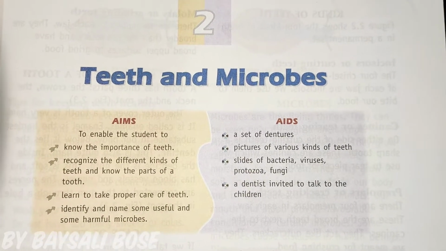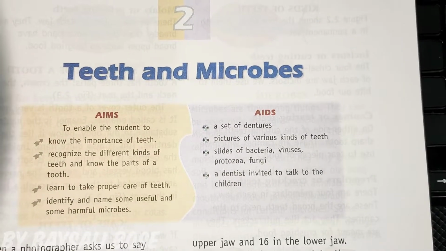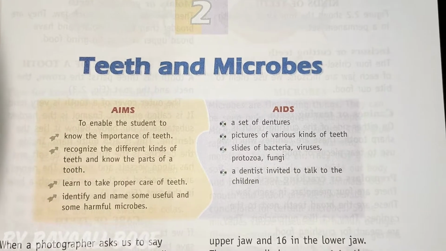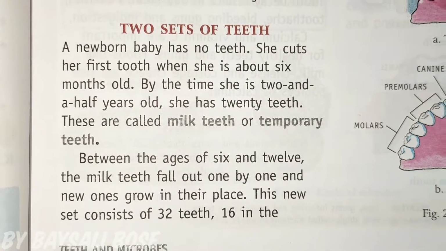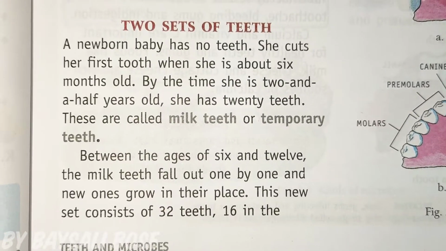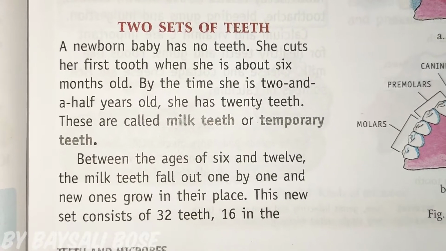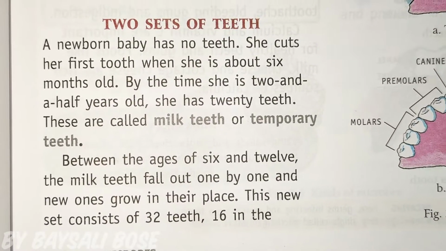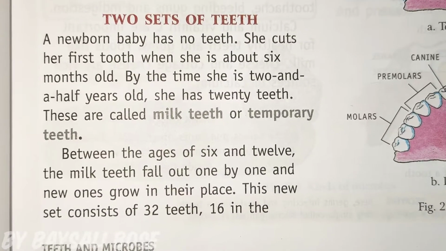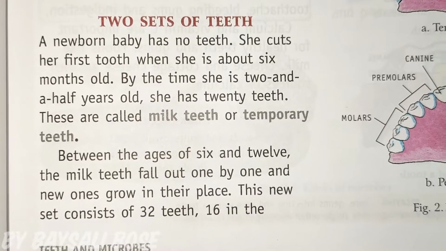Now let's start with the chapter Teeth and Microbes. There are two sets of teeth. A new baby has no teeth. She cuts her first tooth when she is about 6 months old.